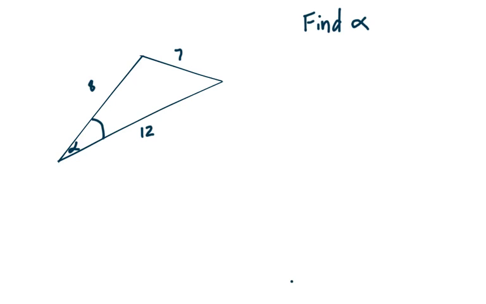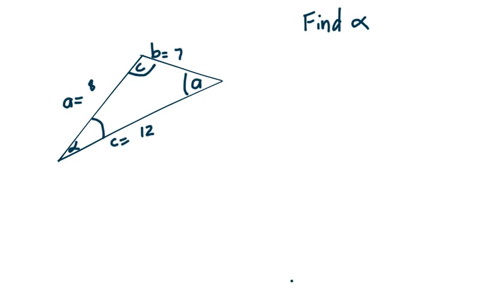So let's call side A 8. Let's say side B is equal to 7 and side C is equal to 12. That means that angle C is going to be here, and angle A is going to be here, and angle B is in fact alpha.